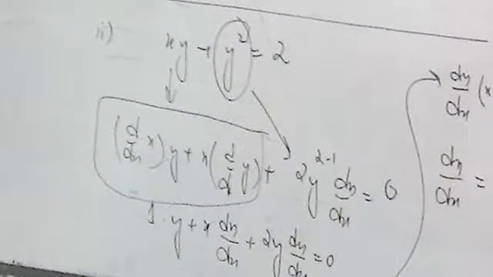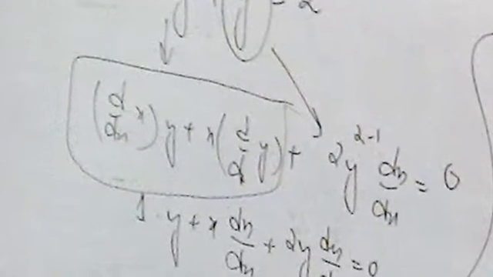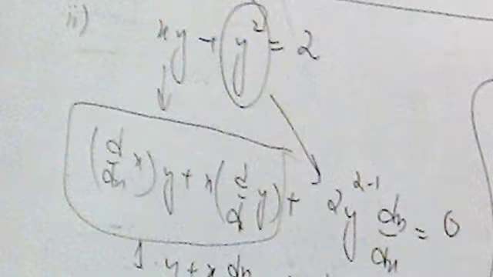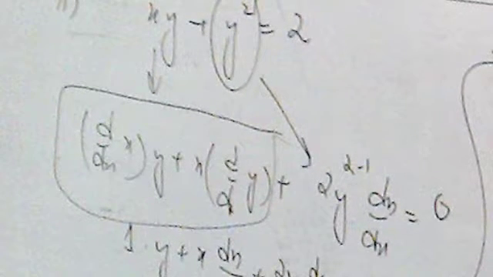Again we differentiate this. On x and y we apply the product formula. A is x, b is y. This is the product formula. And for y square we apply 2y to the power 2 minus 1 and then the derivative of the base, dy by dx, and the derivative of 2 is 0.